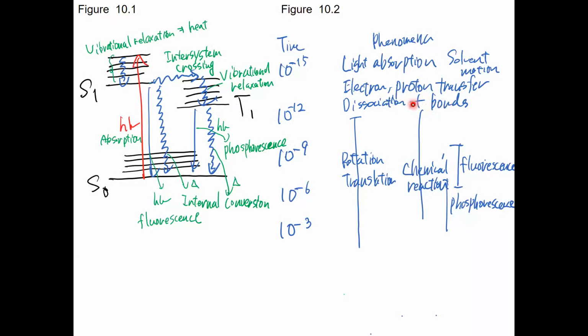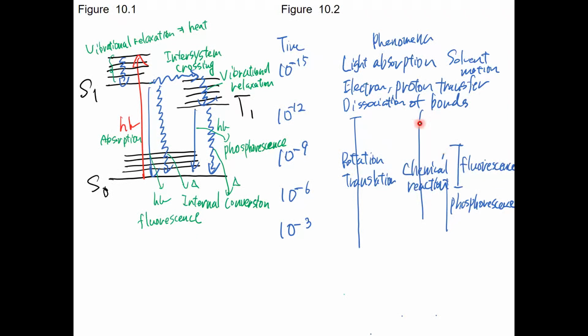Also, molecules are rotating or translating, so basically motion processes happen after a picosecond order. And chemical reactions also take place from the picosecond order, taking a very wide time range depending on the reaction.